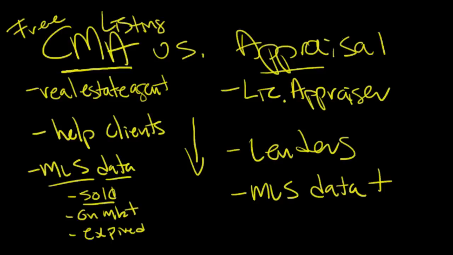Well, that doesn't really matter because the lender is only going to listen to the value that is put on it by the licensed appraiser. So it's nice that you have your CMA, but the licensed appraiser supersedes that when it comes to who the lender listens to. And by the way, licensed appraisers also pull data from the MLS and other sources, but MLS is one of the sources where they pull information from.